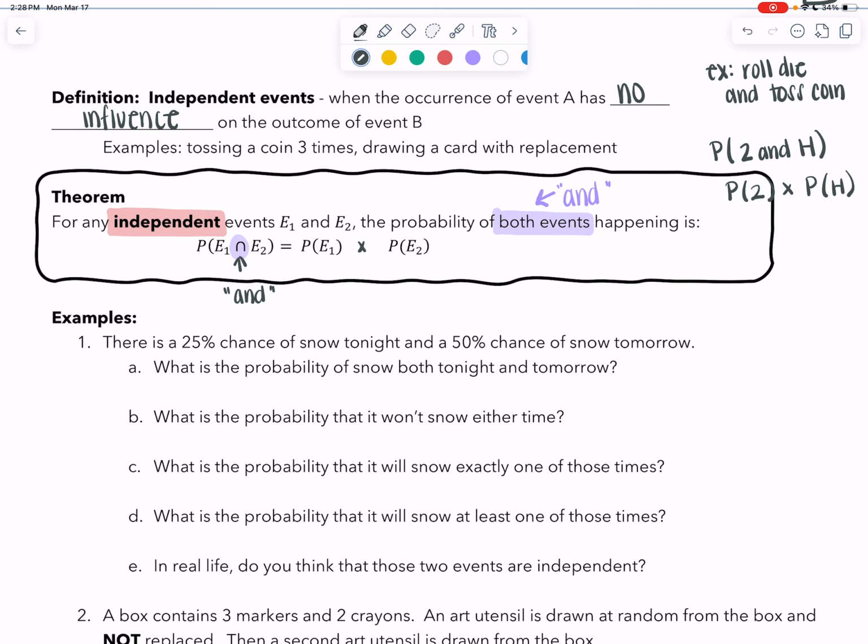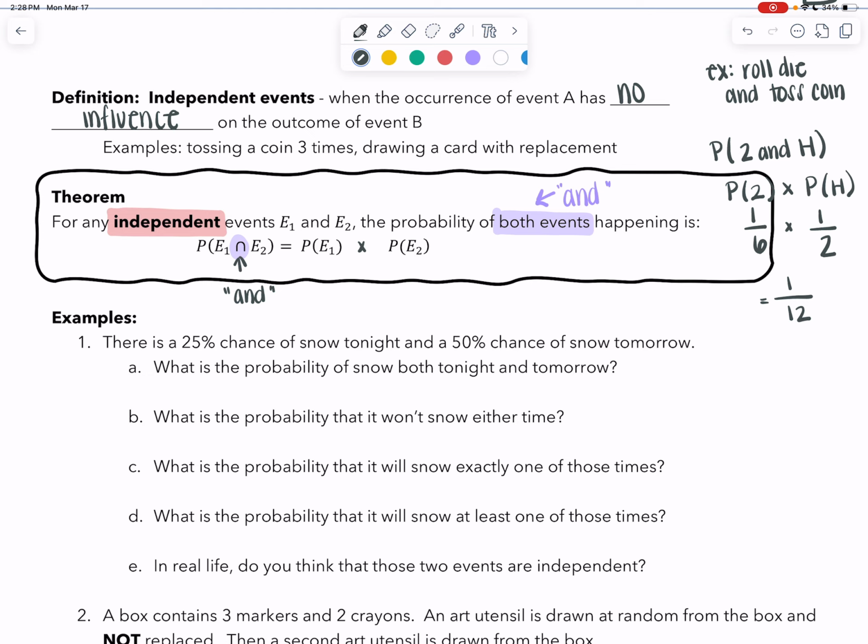If I roll the die, that doesn't affect the coin being tossed. The probability of a 2 would be 1 out of 6, on a standard die, 2 out of 6 total sides, times the probability of flipping a coin and getting a head, which is 1 out of 2. And so I'm able to multiply those and get the probability of a 2 and a head would be 1 out of 12.